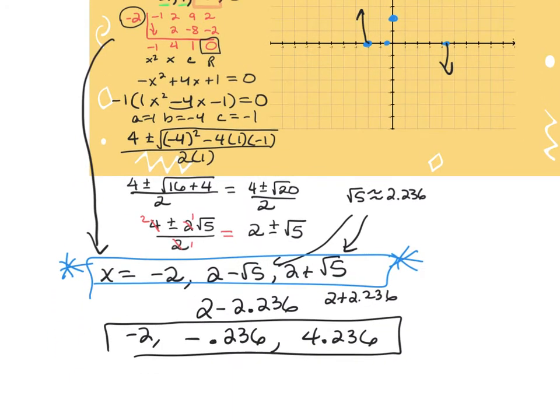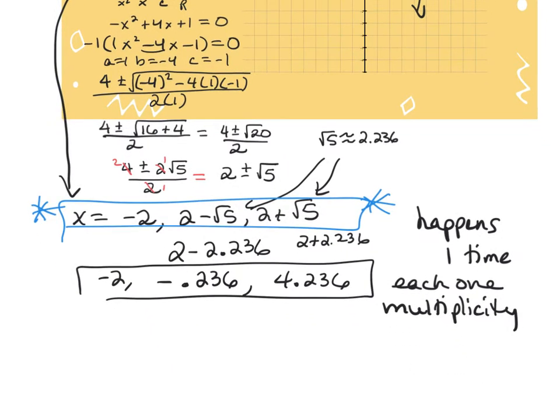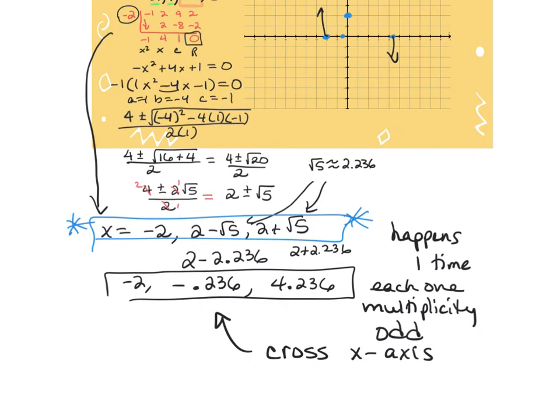Because each one of these zeros only happens one time, I only see one of them, this tells me that each one of these zeros has a multiplicity that's odd, which means that it's going to cross the x-axis at each of these numbers. It's not going to touch and turn. That's where the multiplicity is going to help us.